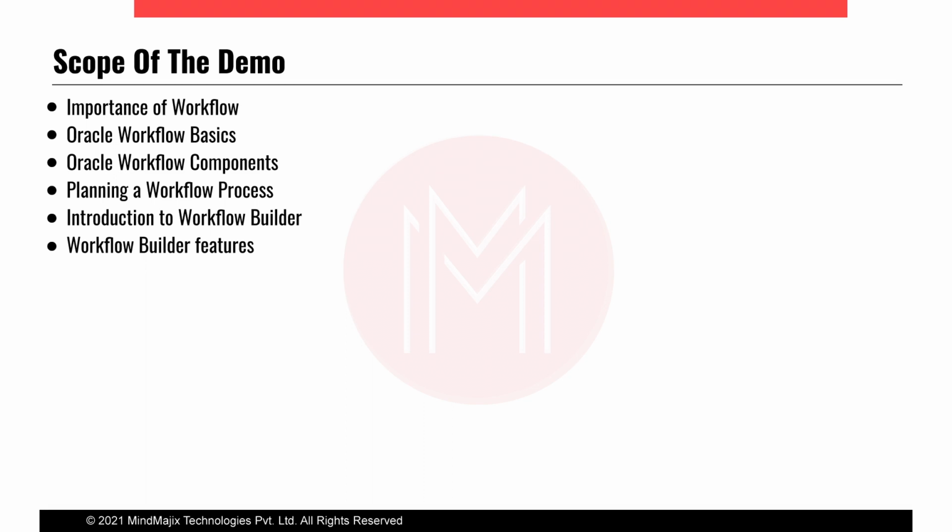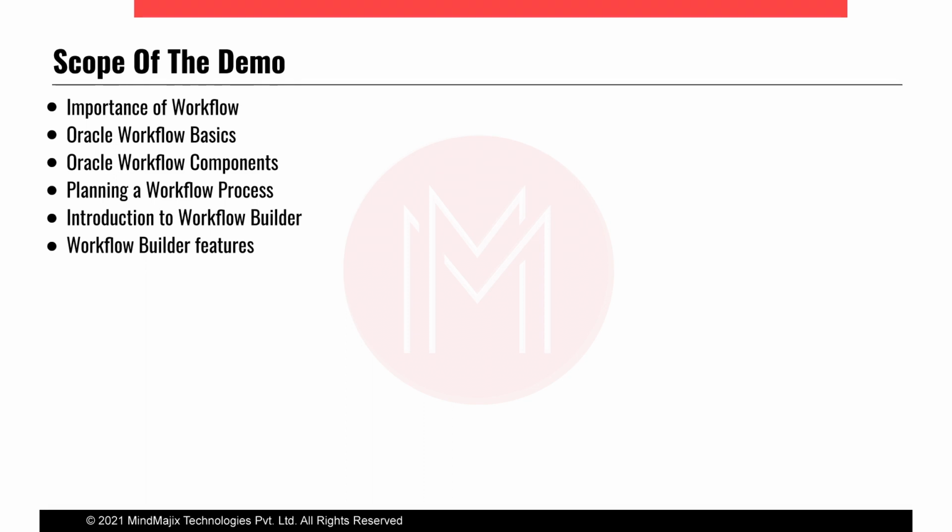Like we do for PLSQL programming, we first ask the questions, then we do the logic. Similarly, when working on any requirement, we first have to clarify all the doubts related to that workflow process. Then we can go with the plan, I mean, go with implementing a workflow.